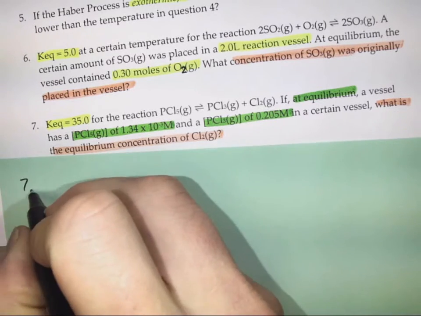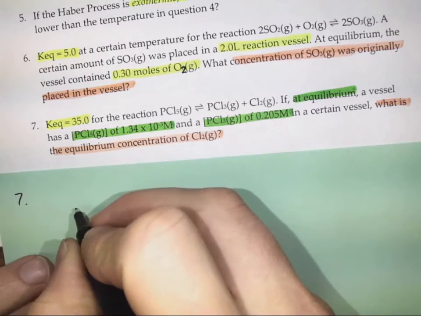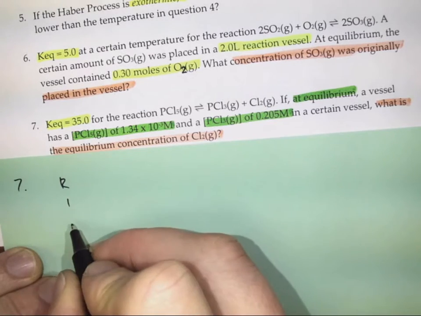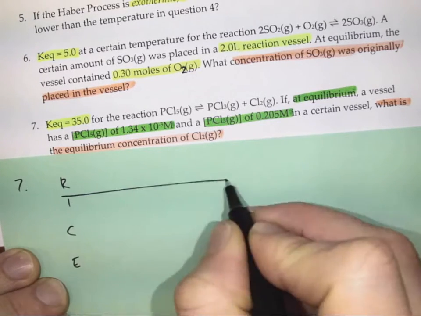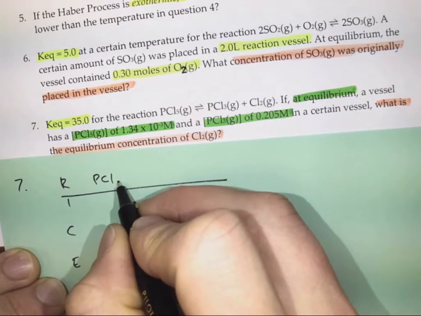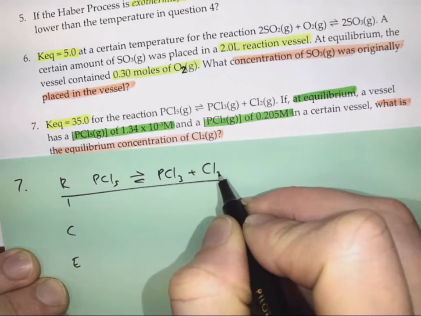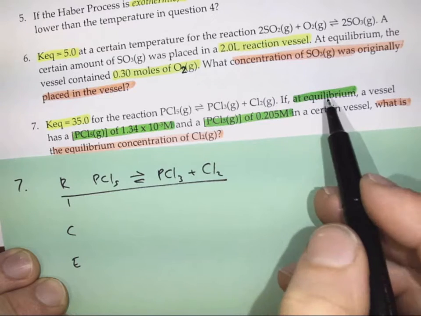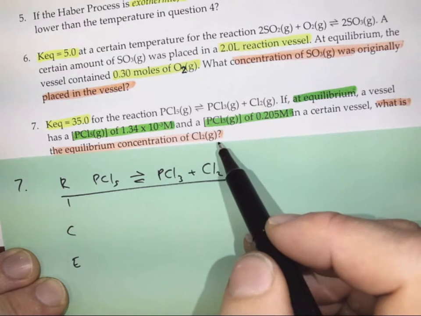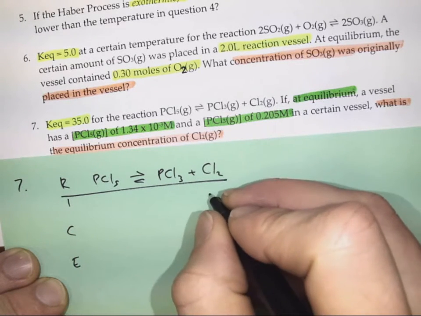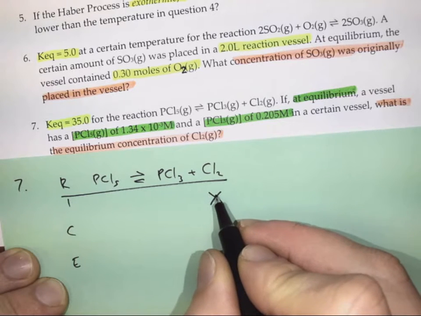So I think you guys are starting to get the hang of setting up RICE tables, so I'm just going to speed into this one a little bit. All right, the reaction, PCl5 to PCl3 plus our gas. And we don't know anything about the initial concentrations, but we're asked for the equilibrium concentration of chlorine.